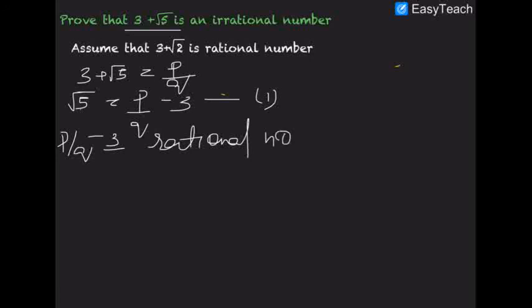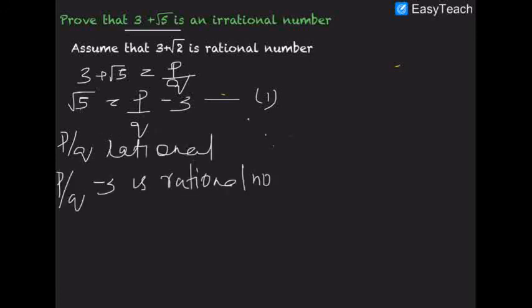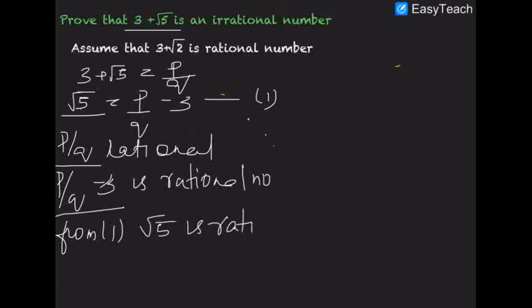So p by q minus 3 is rational. From equation 1, we know that p by q minus 3 is equal to root 5. So p by q minus 3 being rational implies root 5 is rational.